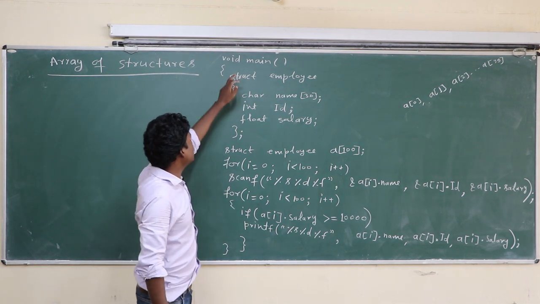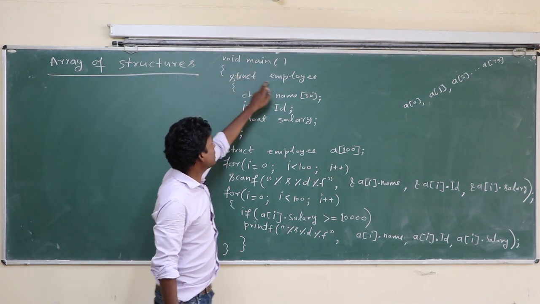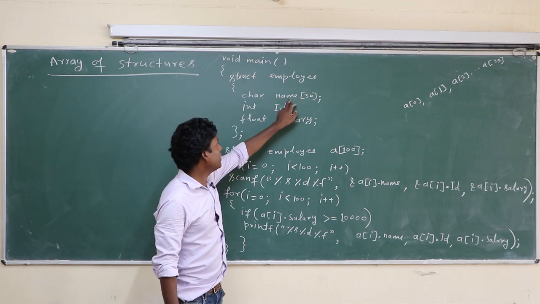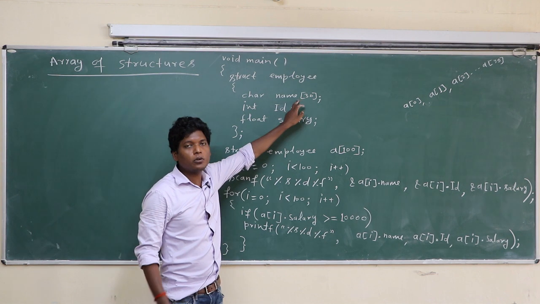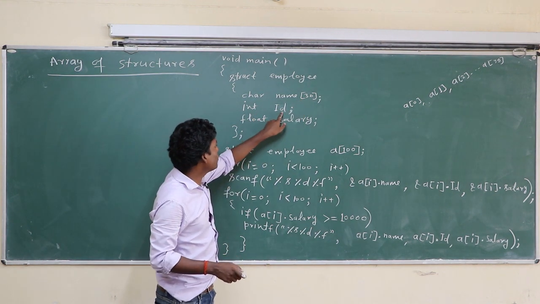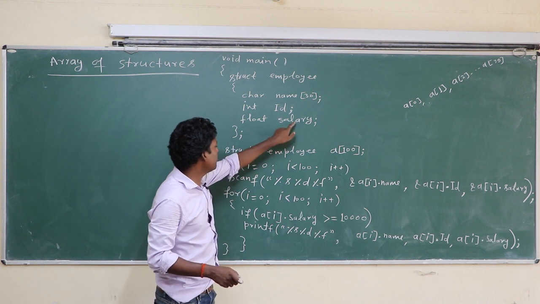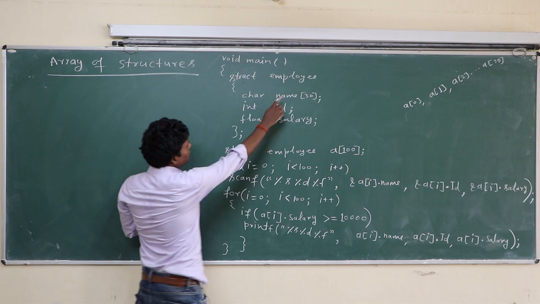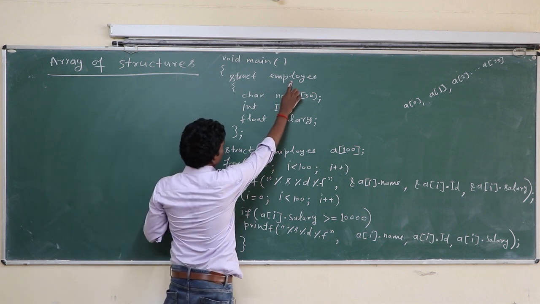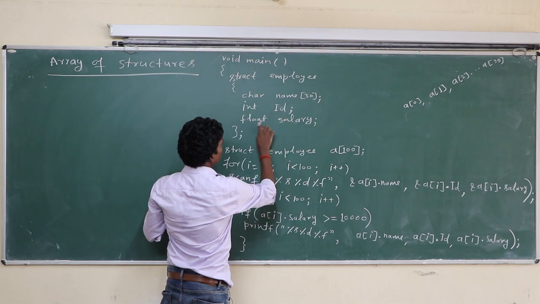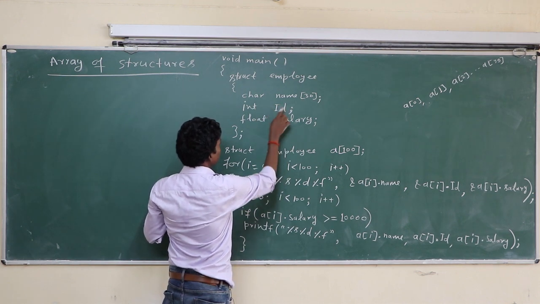So class, program execution starts from main. struct employee, char name of 30, we make it an array so that you can input a multi-word name of employee, int employee ID, float employee salary, here semicolon. Class, employee is the name of the structure, and these are the structure members or structure elements.